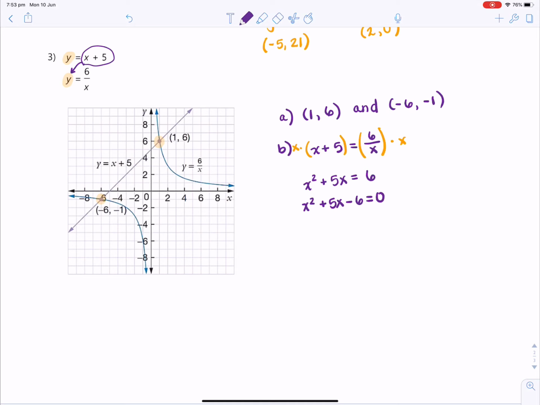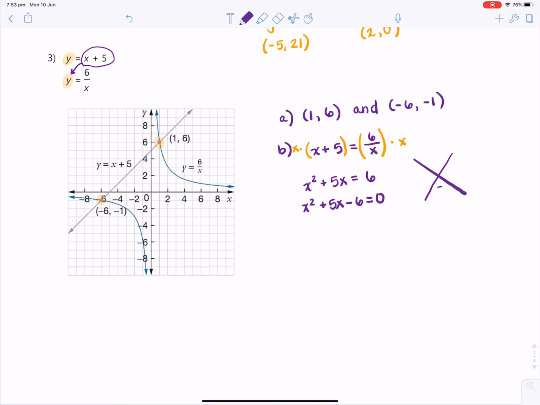What can we do from here? If you've said factorize, you've got that right. So to factorize, let's look for a pair of numbers that add to 5 and multiply to negative 6. Those two numbers would be 6 and negative 1.